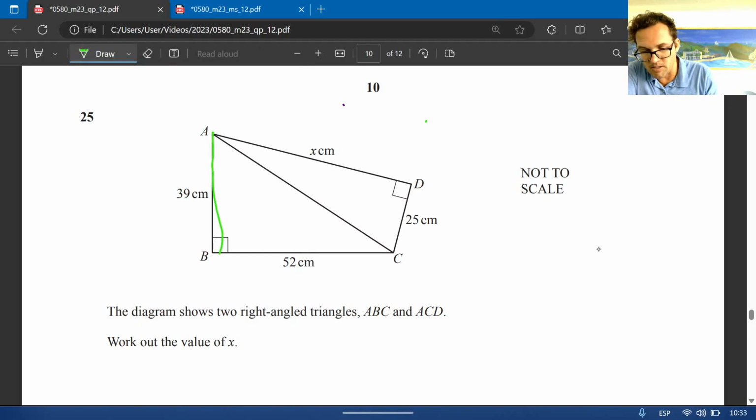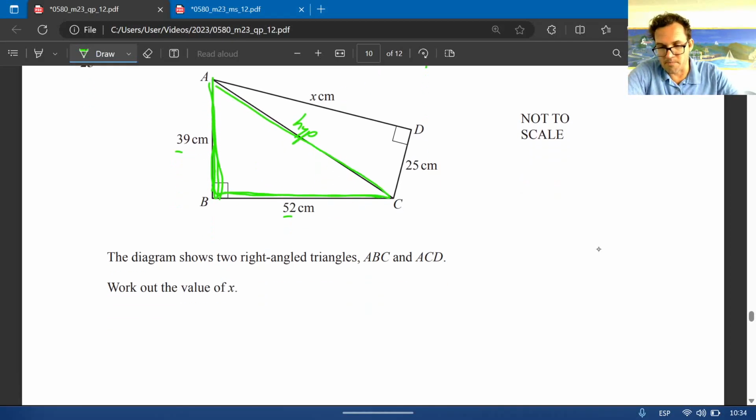That's the one, ABC. That one there. Alright, we got two sides, and we can work out a third side, and that third side, of course, is the hypotenuse.